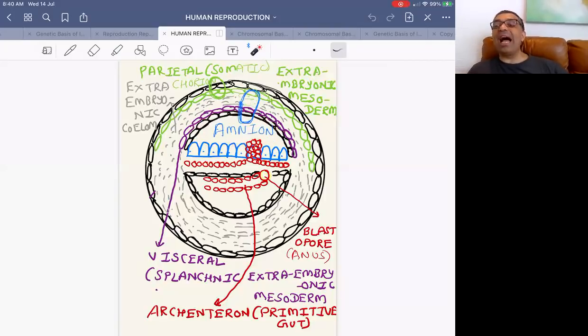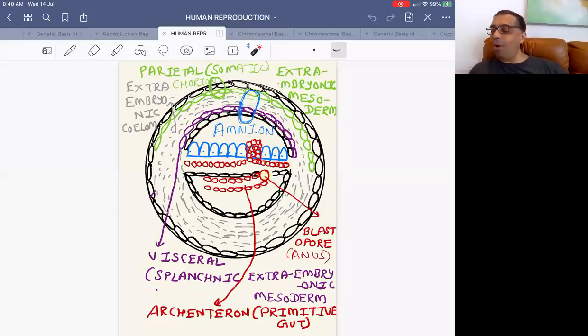And amnion is highly vascular. उसमें blood vessels होते हैं. उसमें से continuously lymph निकलेगा, which will form the amniotic fluid, which will fill the amniotic cavity.